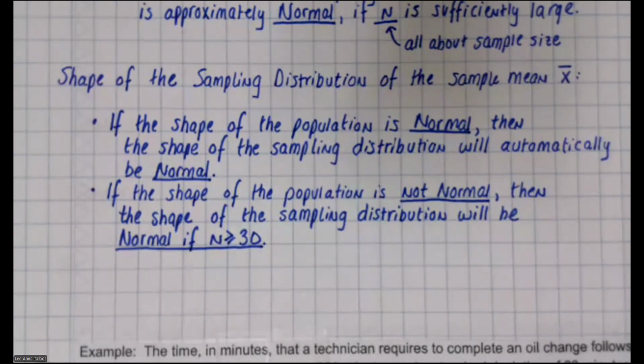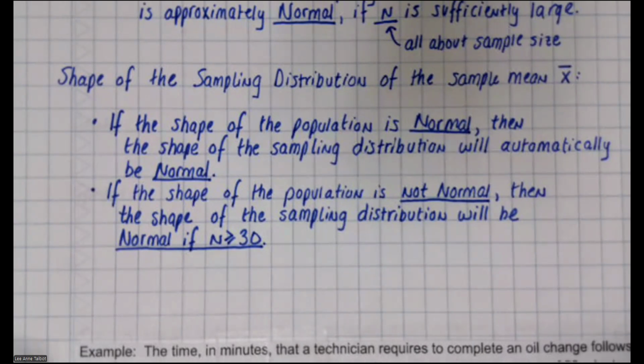That's why I put 30 in the one that I did that was super skewed. So you're just going to have to check your problems to see if the sample size is bigger than or equal to 30. And if it is, then you're set to use normal CDF.